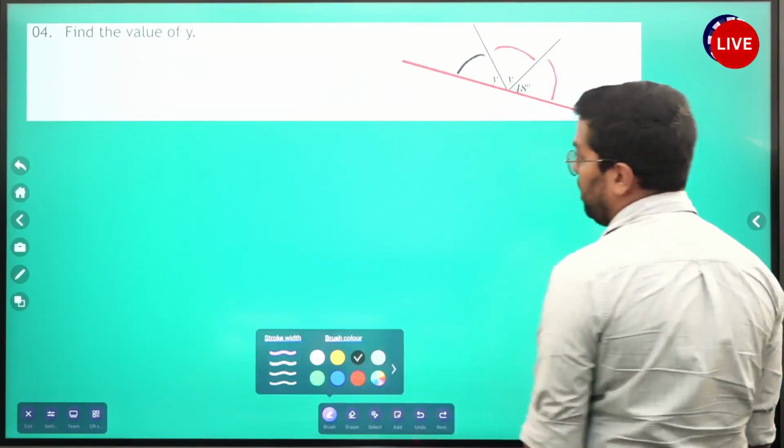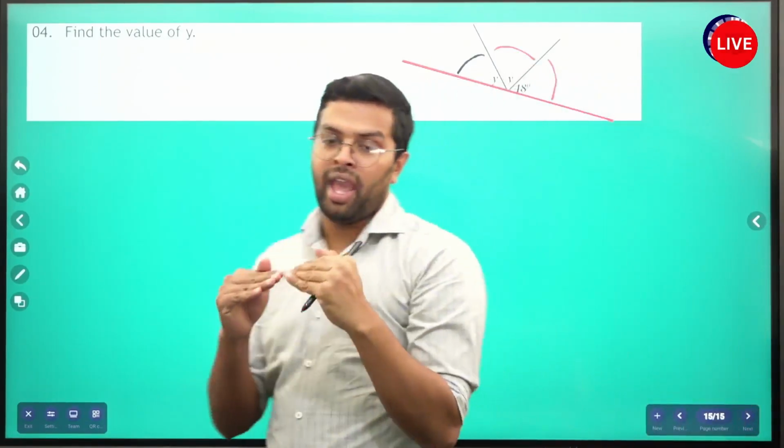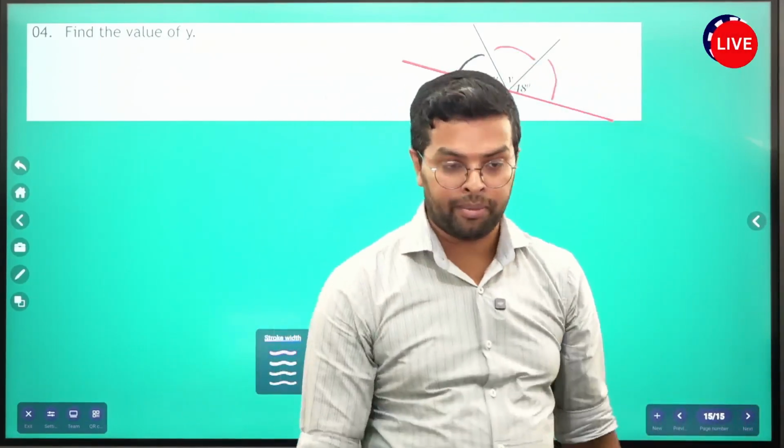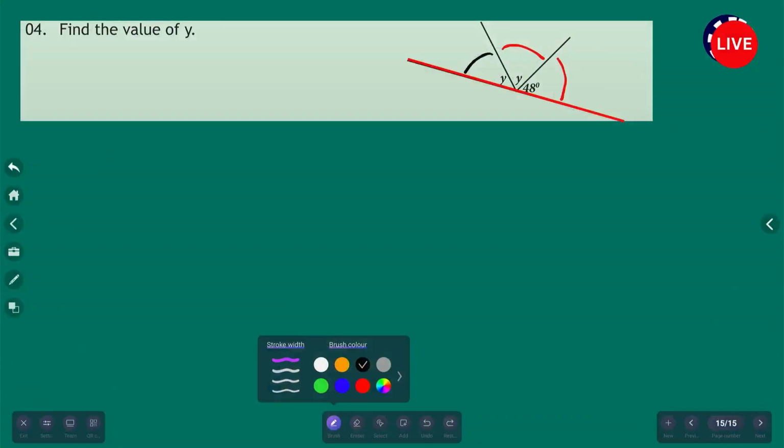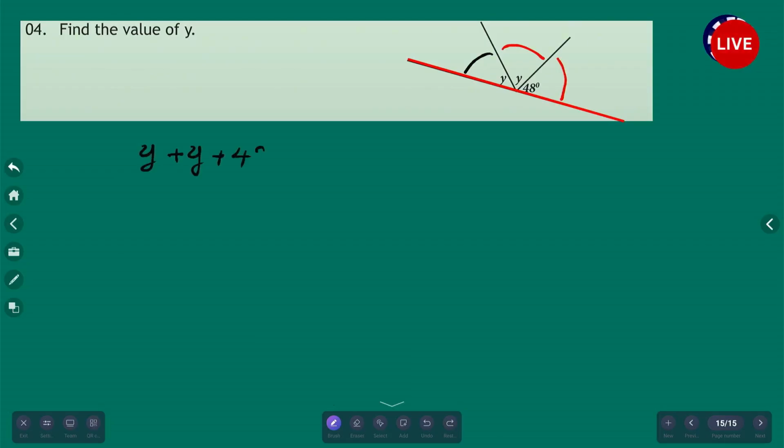Very simple. The sum of all the angles which are placed on a straight line segment equals 180 degrees. So we can write an equation: y plus y plus 48 equals 180 degrees.